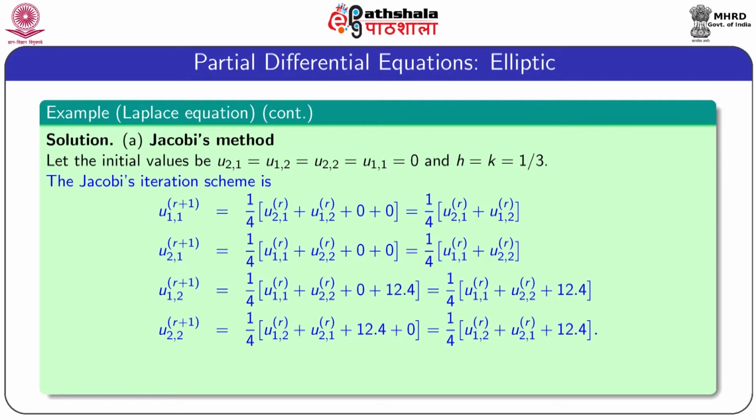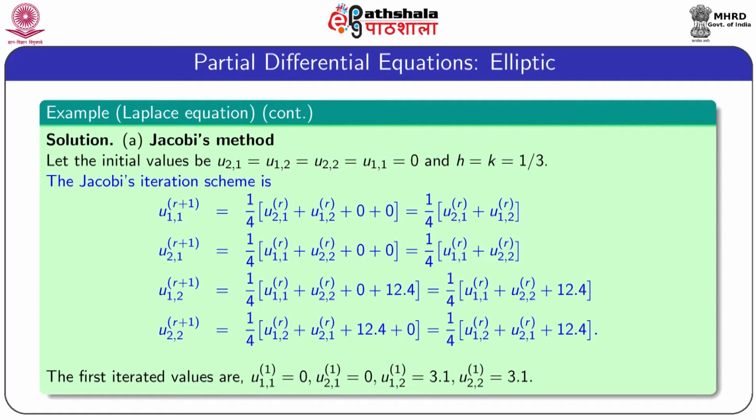The Jacobi's iteration scheme is given by these 4 equations for the values of u11, u21, u12 and u22. Note that after substitution of the boundary values 0 or 12.4, we simplified the 4 equations mentioned on the right side. The first iterated values are u11 equal to 0, u21 equal to 0, u12 equal to 3.1 and u22 equal to 3.1.